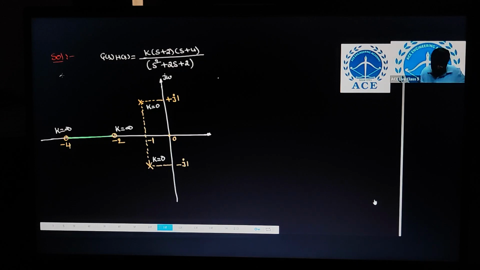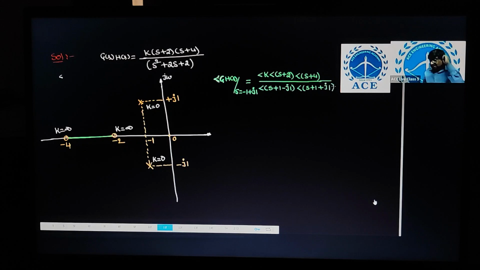Come on, calculate angle of departure now. First calculate angle GH. Angle of GH of S at S equal to -1 plus j1 equals angle of K, angle of S plus 2, angle of S plus 4, divided by angle of S plus 1 minus j1, angle of S plus 1 plus j1.